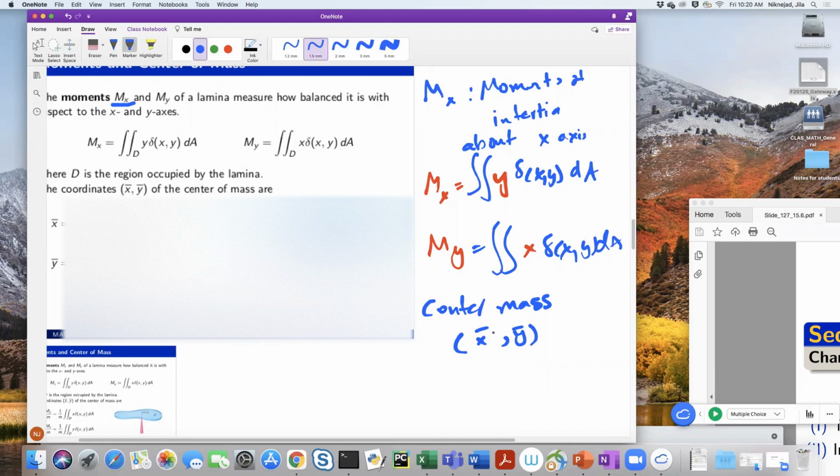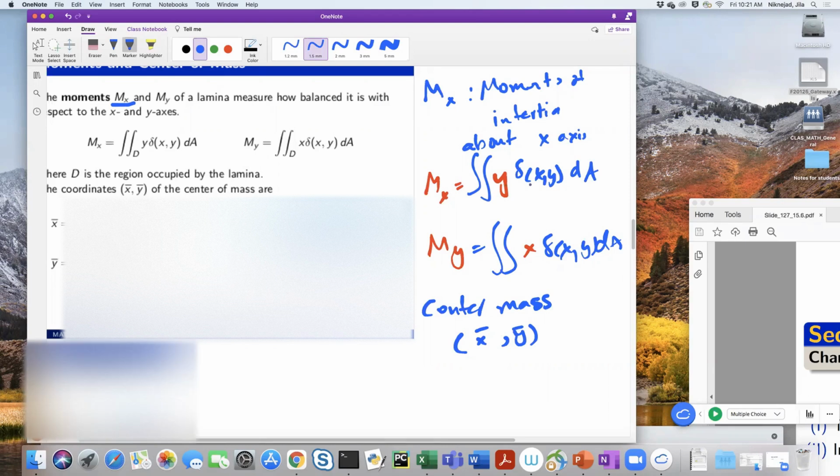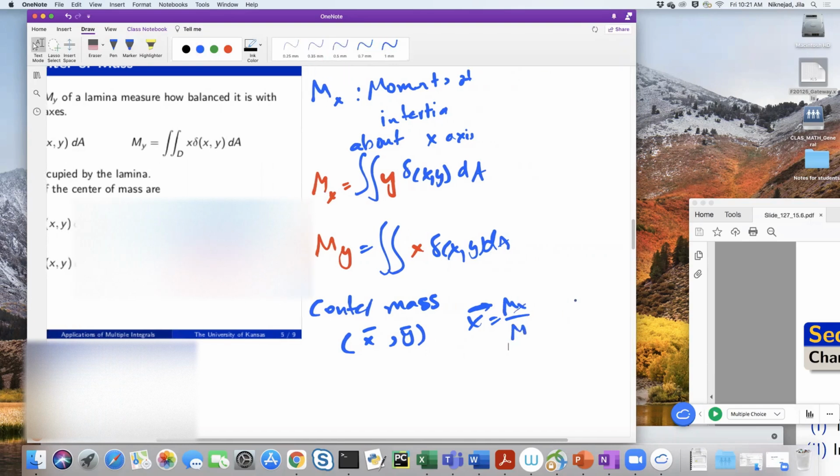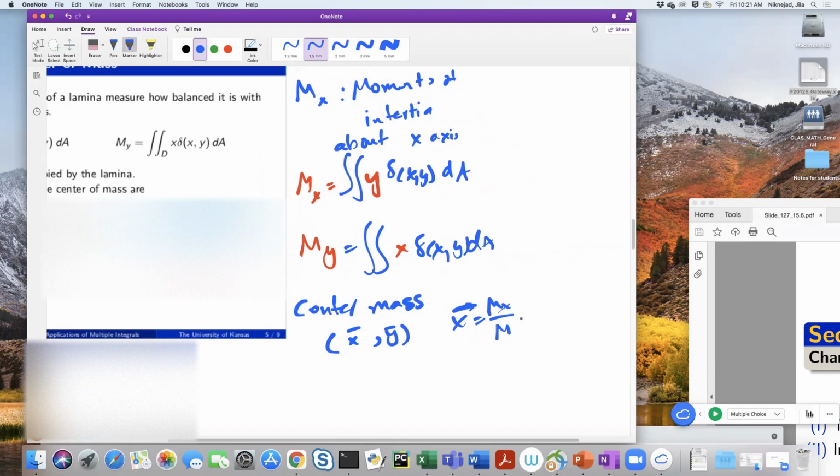So to find the center of mass, you basically want to average out y in terms of their mass. You want to average out x's in terms of mass, which is m sub y over m, which is going to be the double integral over the region of x delta(x,y) dA.